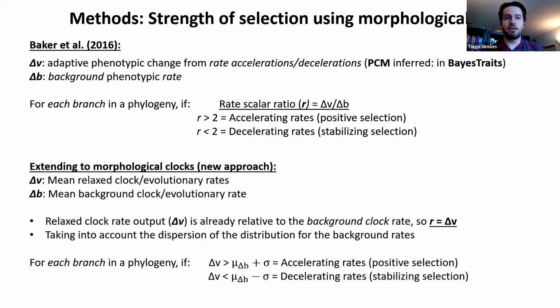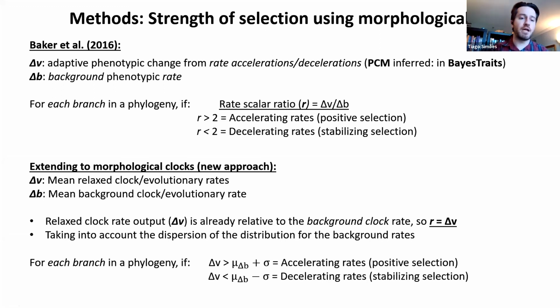And the approach is essentially quite similar. So not really going into all the details of that, but I can go over it during the questions time. But essentially what we have here is the rate of evolution. If we find rates at branches which are higher than the background rates of evolution plus one standard deviation, we find those to be significantly accelerating, therefore undergoing positive selection.